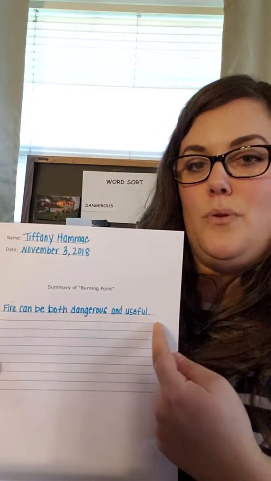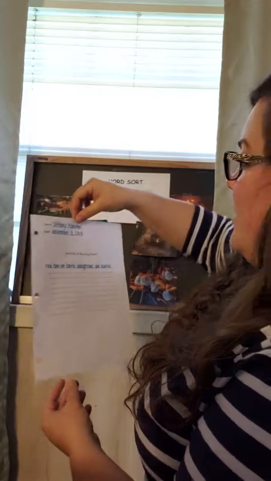And for the I do portion, we're going to look at the first sentence. Fire can be both dangerous and useful. That is the main idea of our entire paper. So that first sentence creates the idea and gets them started on what to do for the remaining sentences of the assignment.